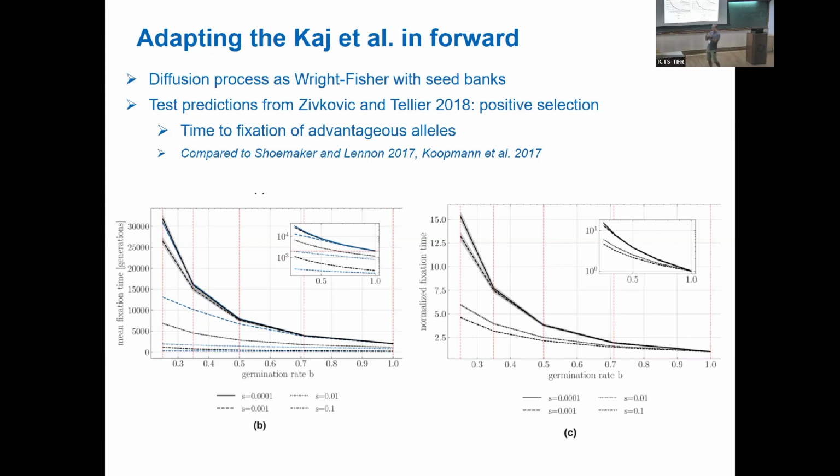So it has to invade the seed bank to get fixed, but it's also protected by the seed bank against getting lost, because you can still stay in the seed bank a little bit longer and then germinate again. So you have these two effects of the seed bank, which are delaying things, but also protecting polymorphism against extinction. And so I think these are two effects which play a role here on top of the selection.